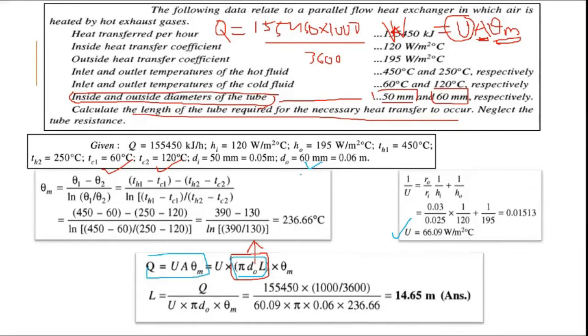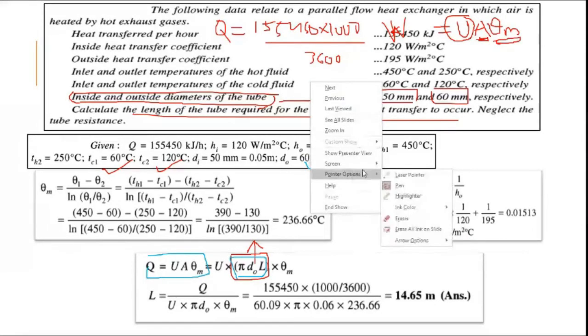Okay, so I'll go back to the screen. We had an inside pipe with some inside diameter and outside diameter. This is solid, and it is covered by one more pipe. Three resistances were there.